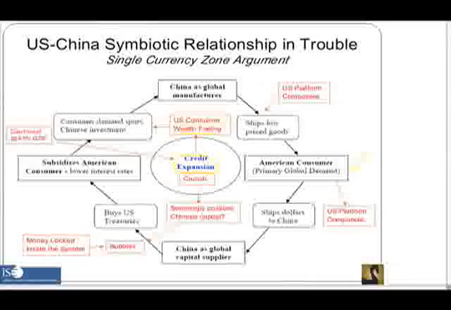So the idea of them dumping treasuries didn't make sense. The big build in treasuries was there precisely because they were suppressing their currency. Otherwise, it wouldn't have happened. Had they had a free-floating currency, you wouldn't have seen that big build of FX reserves, and you probably wouldn't have seen the massive overcapacity that grew in China that's there now.